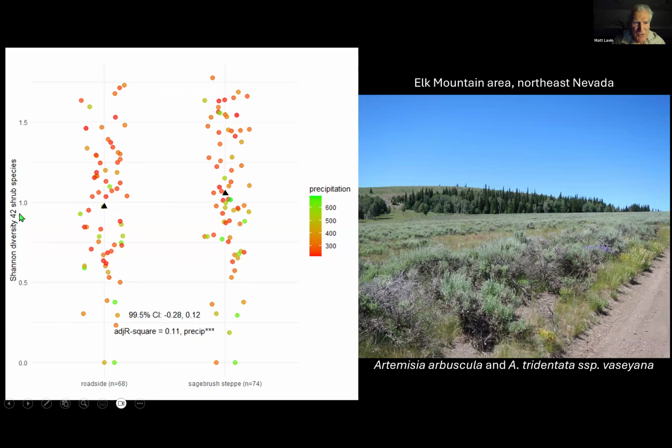We could take a look at, so there's 42 shrubs sampled in this study, and this y-axis represents Shannon Diversity Index. Shannon Diversity Index accounts for species richness and evenness. So the y-axis is the Shannon diversity of the shrubs for all 42 species.